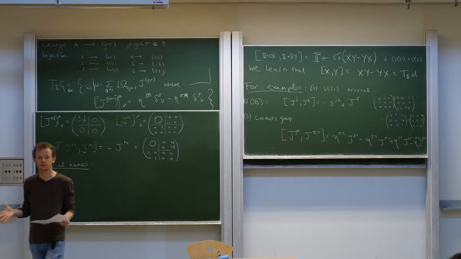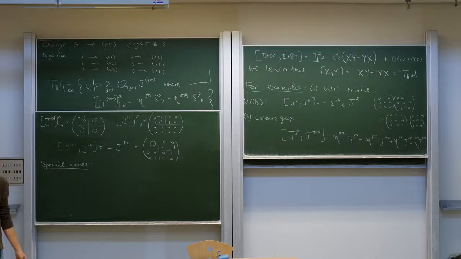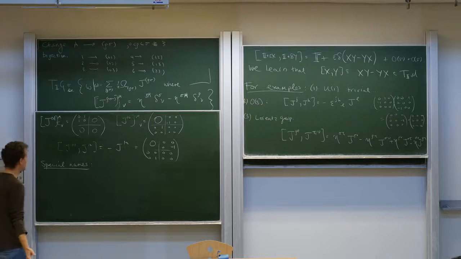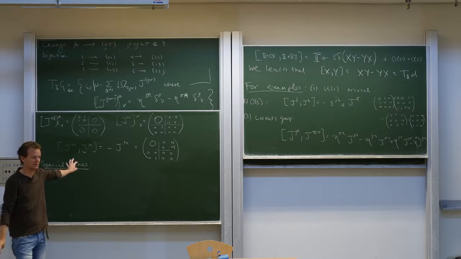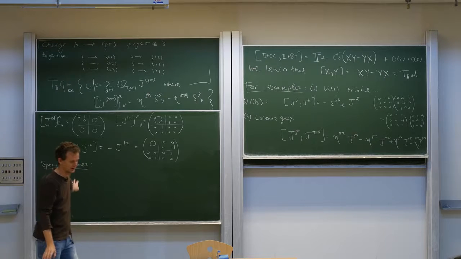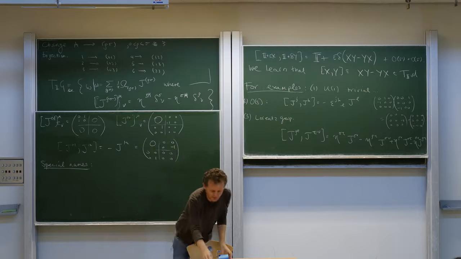Now, because the Lorentz group is such a special, important group in physics, and people have studied it for a long time in various applications, people have developed lots of specialized notation just to deal with this particular Lie group. And I'm just going to introduce you to a little bit of this notation.